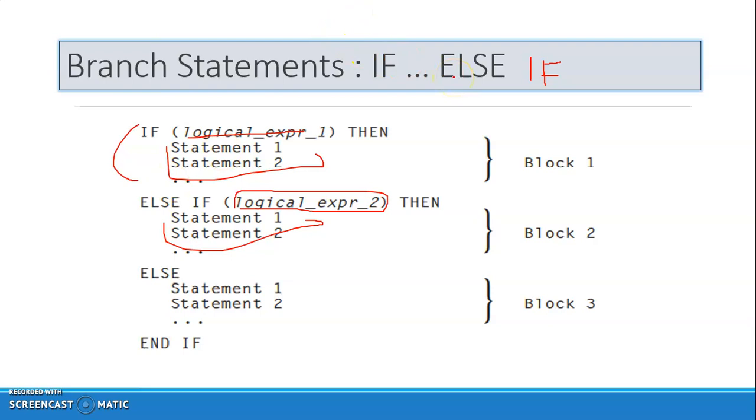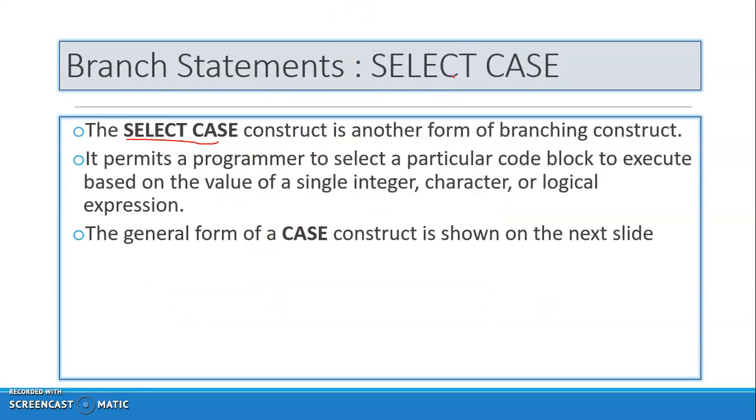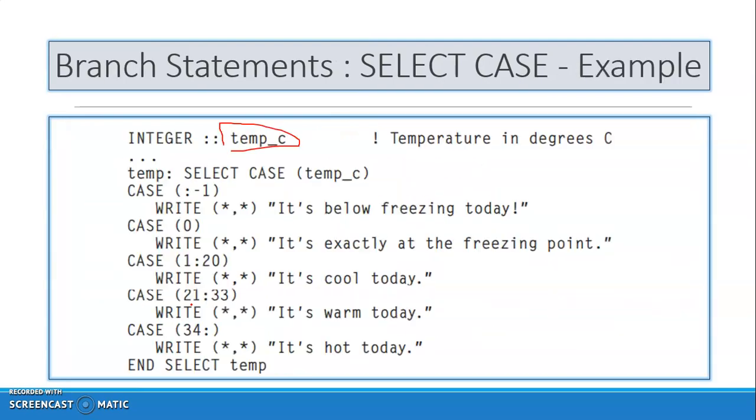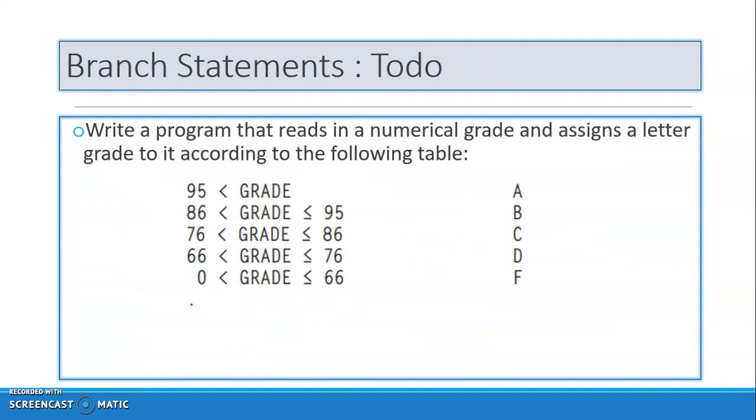Then another form of statement that we went through under branch statements was select case. So we went through the structure of a select case and how the case expression is matched against the values under each case.